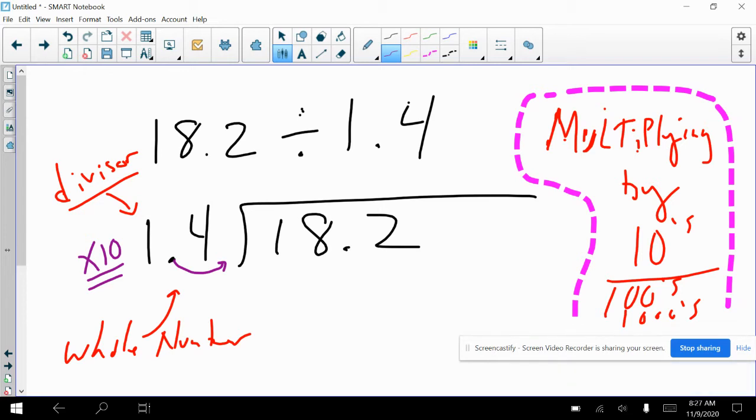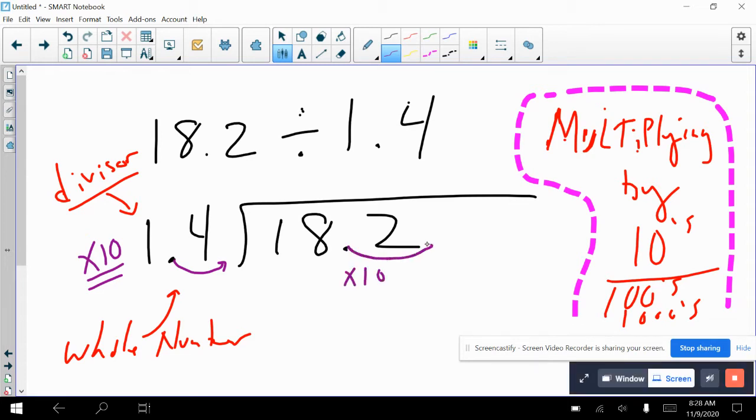It's similar to a fraction. If we multiply the divisor by 10, we have to make things equal. What do we got to do to the dividend? Got to multiply it by 10 as well, which is going to move that one place to the right as well.